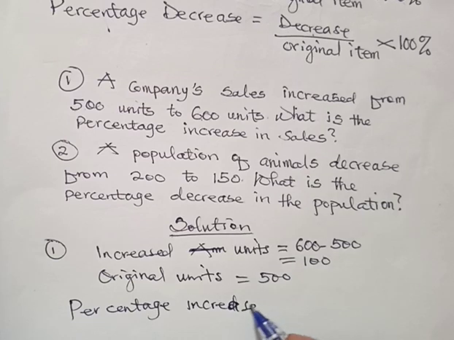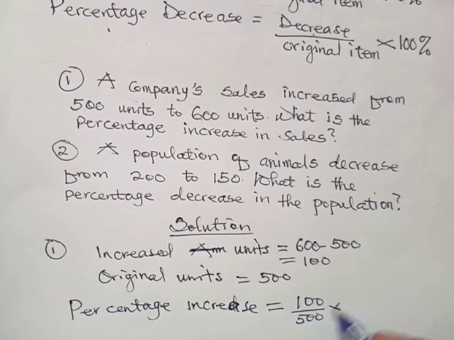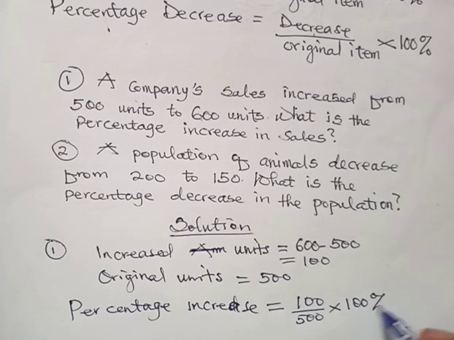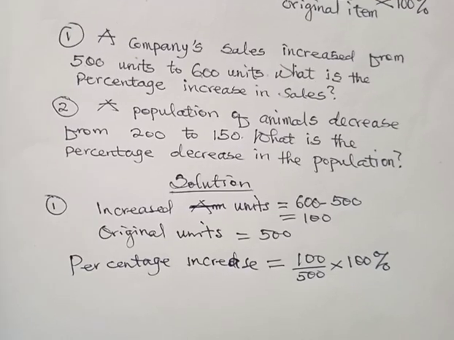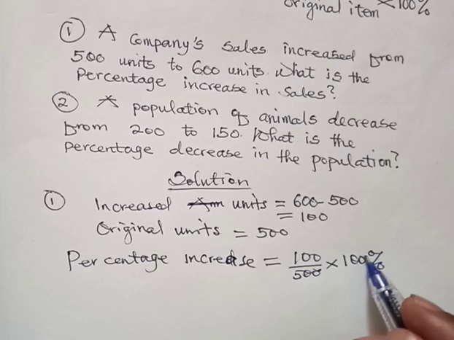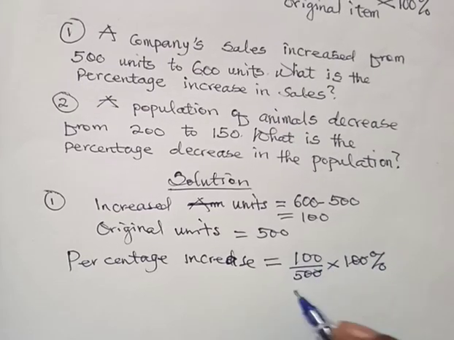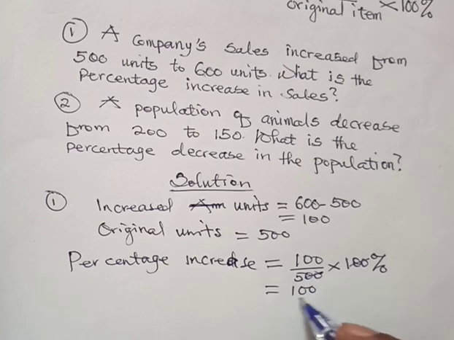Percentage increase is equal to 100 divided by 500 times 100%. Very simple. Questions like this, you don't need to waste time on that. Once we have 500, I think I can cross this. Then I will have 100 left, which will be 100 divided by 5 times what?